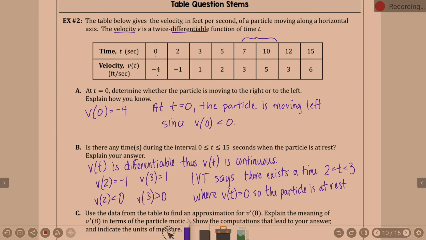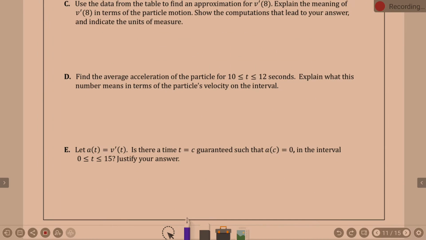Average rate of change. And so this is the idea of slope of the secant line, right? So it's using these values here. So using the fact that v of 7 is 3 and v of 10 is 5. And again, we can do this because 8 is between 7 and 10, yes? That's why we can do this.